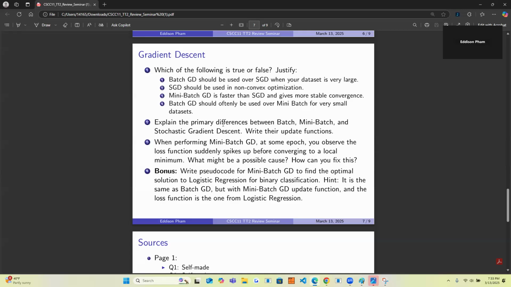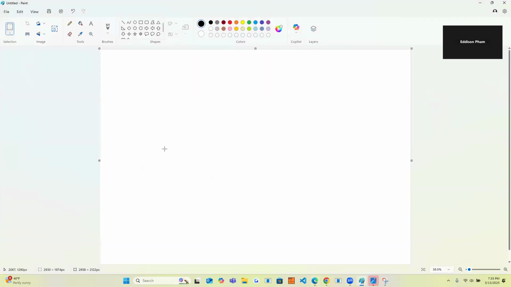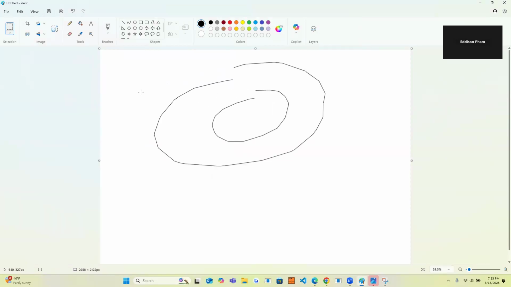Second part, SGD should be used in non-convex optimization. True or false? Think about what non-convex optimization is and what SGD does with its stochastic term, its random term. Remember, when you're training with an SGD, let's say this is your data set.